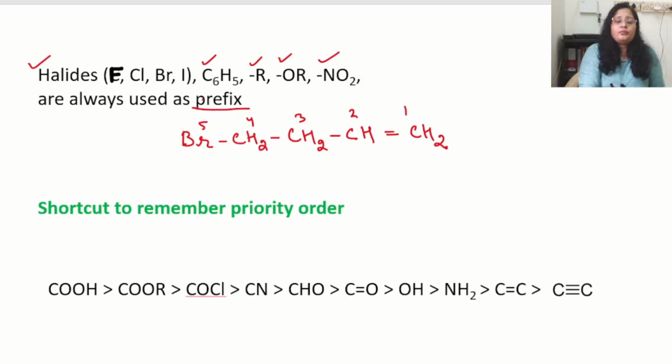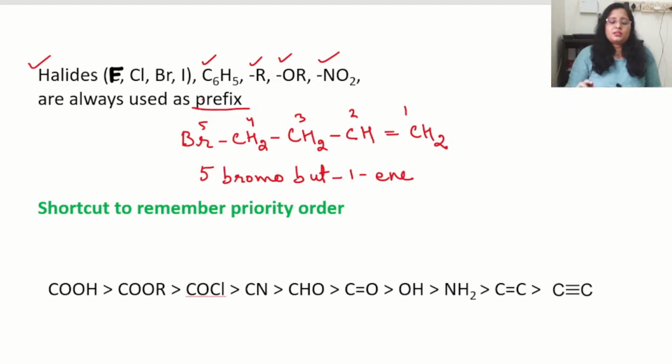And we know that bromine is a halide and it is always in prefix form. So we will write 5-bromo, then 1, 2, 3, 4 carbons, that is but. On the first carbon there is a double bond, meaning ene, so but-1-ene. This will be the name. This example shows that a halide group is always taken as a prefix.